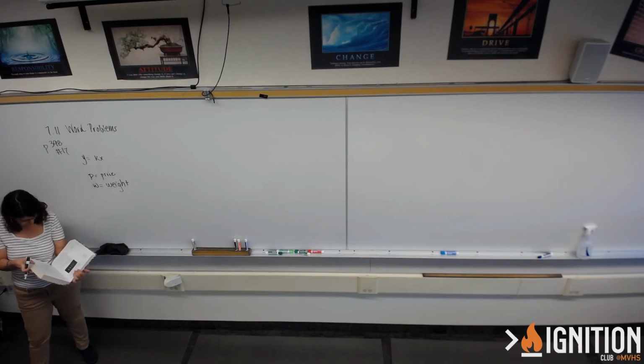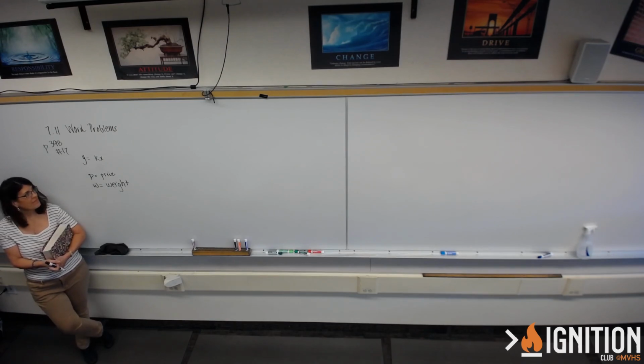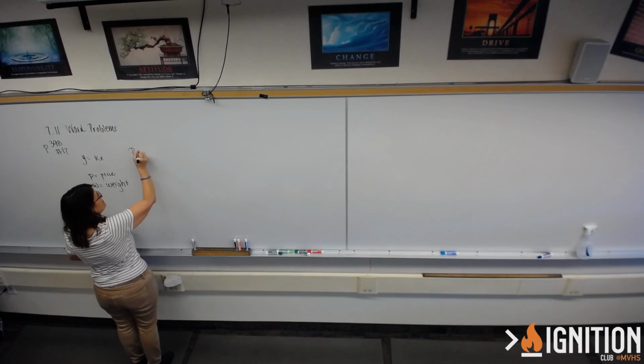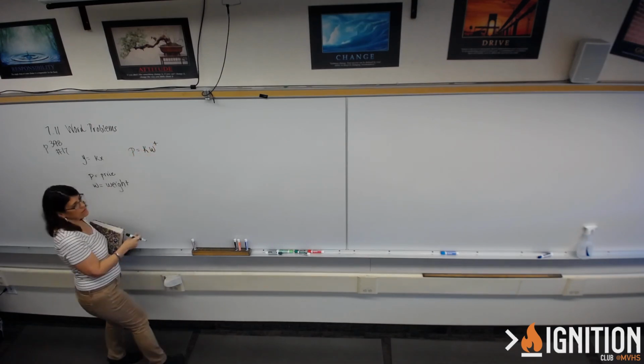Okay, so it varies directly with the fourth power of its weight. So w to the fourth. The price is equal to some constant times its weight to the fourth.